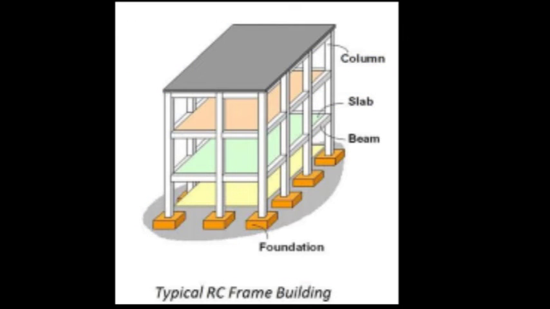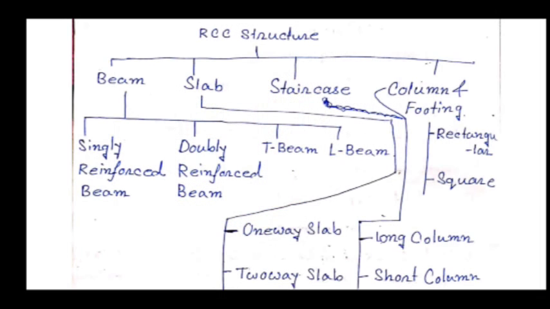Let's see in RCC structure what are the parts we have to learn. The parts, whatever is written in this tree, we can see everywhere in our house, in our office, college, school, everywhere. The main parts we have to learn in the subject are beam, slab, staircase, column and footing. Their subdivision depends upon the design.